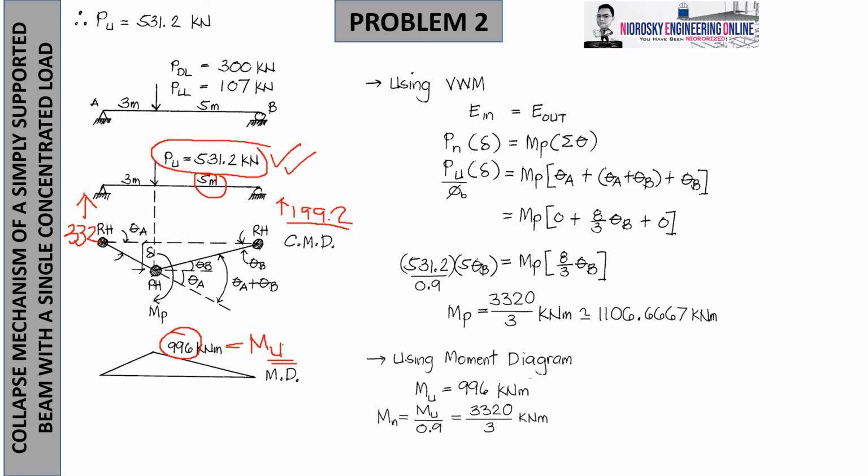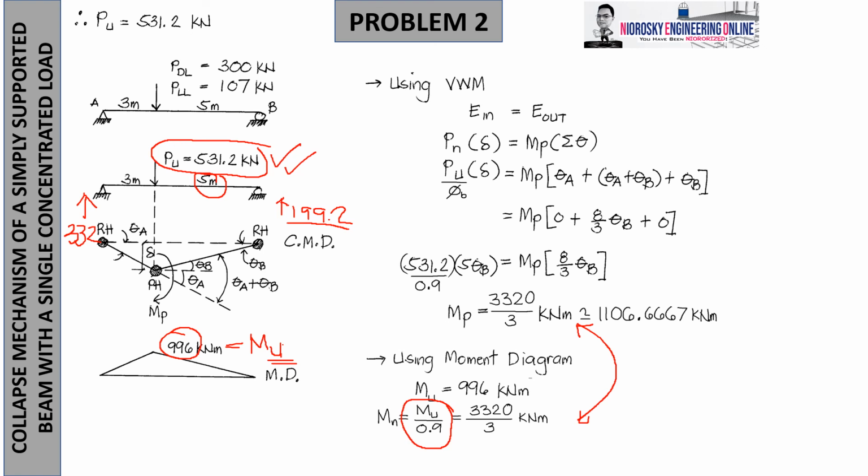But again, for better comparison, you have to compare the plastic moment to the nominal moment, where MU is provided as 996. And then you can get Mn is equal to Mu over phi, which is phi is 0.9. Then notice that they are the same. Again, the same definition, but sila nagkaroon ng significance na equal kasi nga both of them are having the same function, no? Parang between elastic and collapse they are the same.